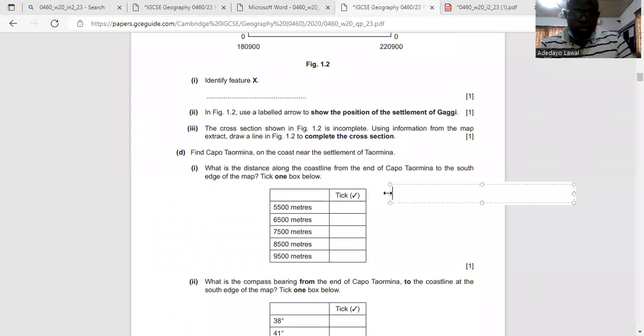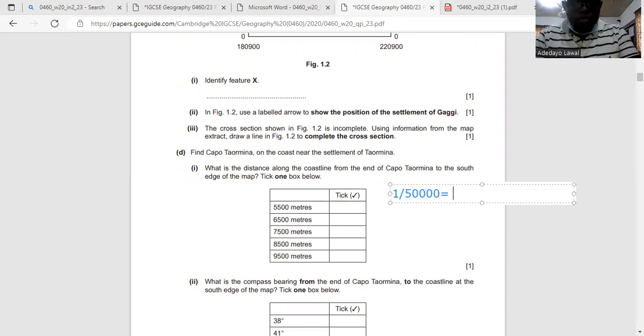So now, what it means is that 1/50,000 is equal to map distance.